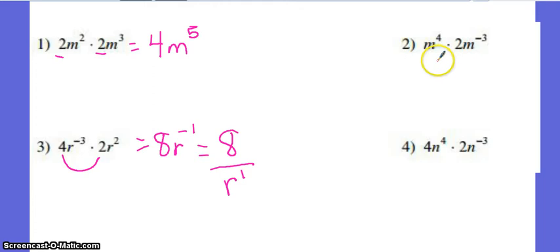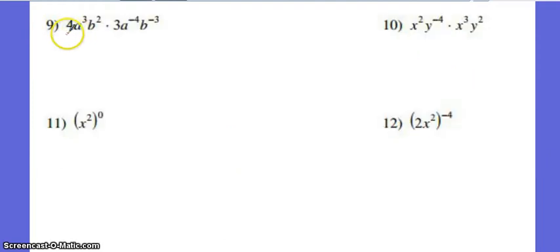Here, it's just 2 times nothing, so you have 2, and then you say 4 plus -3, which is 1. 4 times 2 is 8, n 4 plus a -3, or 4 minus 3, which is 1. Here, again, you're going to do 4 times 3, which is 12, 8a, and -4.